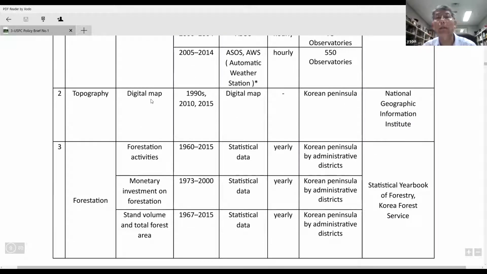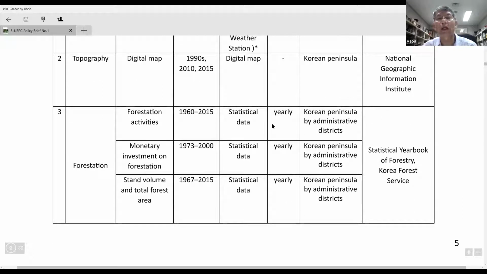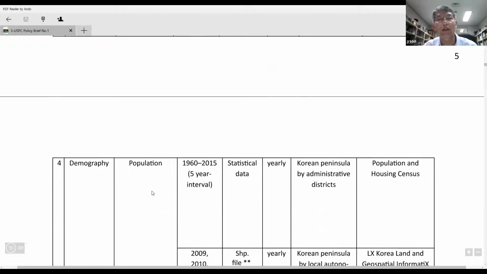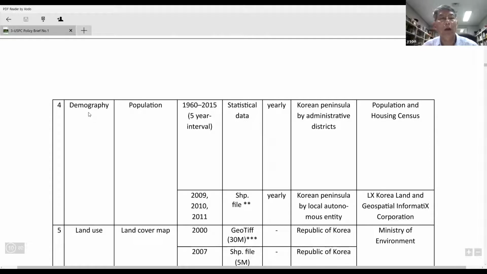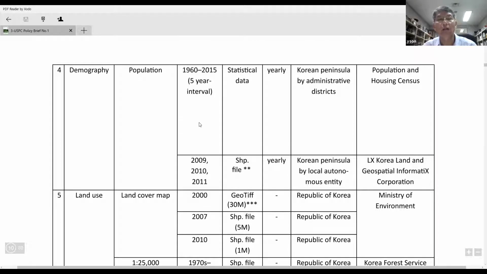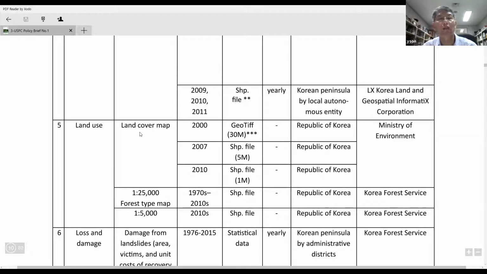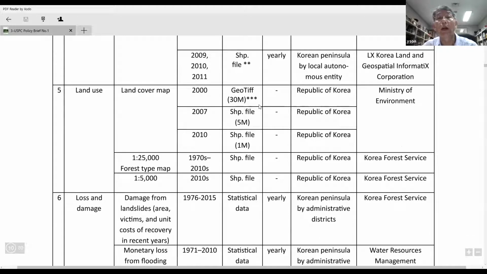Topography, digital map, and forestation, forest activity data, monetary investment on forestation, stand volume and forest land area data. In terms of demography, we need population data, statistical data. And land use data, land carbon map, you know, GIS terminology, GeoTIFF, okay? Again, if you have high resolution data, you can specify the spatial variability.